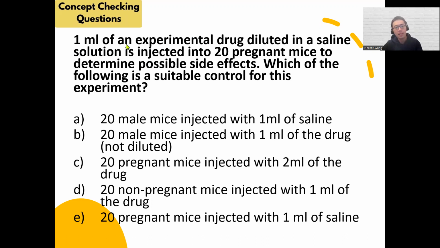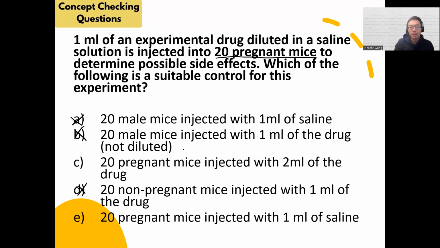So let's see, 1 milliliter of experimental drug diluted in saline, which just means salt solution, is injected into 20 pregnant mice to determine possible side effects. Which of the following is a suitable control for this experiment? If we are testing it on pregnant mice, then we shouldn't be using male mice, and we shouldn't be using non-pregnant mice either.